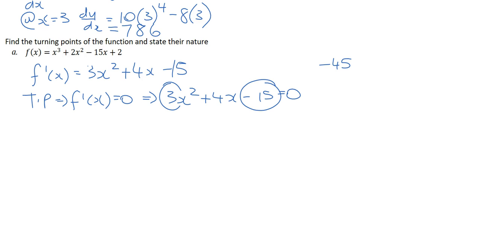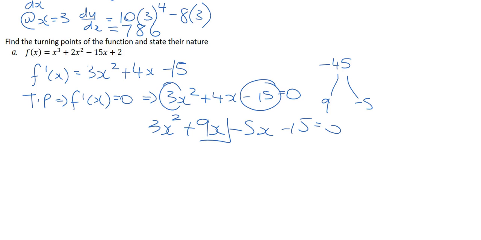So 45, what do I do with negative 45? The factors of negative 45 that add to 4 must be 9 and negative 5, is that right? 3x squared plus 9x minus 5x minus 15 equals 0. Factorise the first two terms there: 3x into x plus 3.